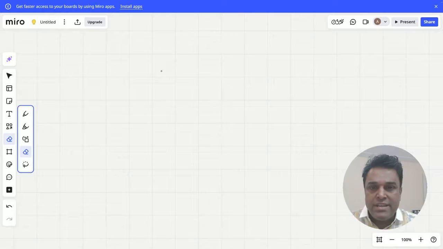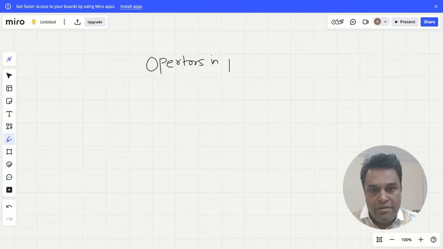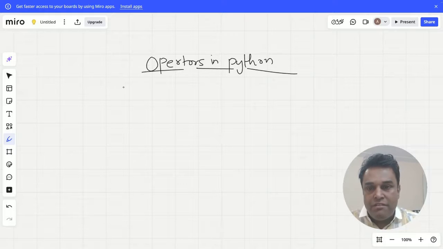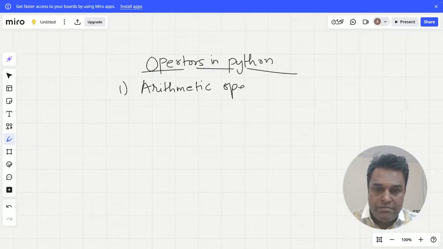The operators in Python, we will just list out. The first, which we are going to cover today, is the arithmetic operators.